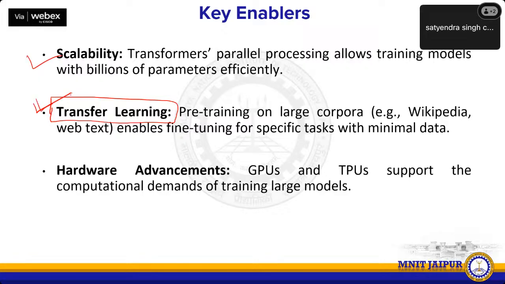When transfer learning was introduced in the NLP area, large language models appeared and became quite popular. Obviously, hardware enhancement has been a huge support. Many GPUs and TPUs are evolving that support the computational demand of training large language models.